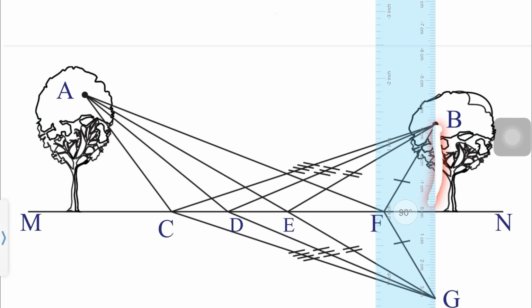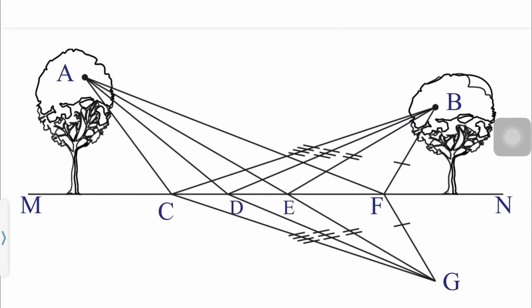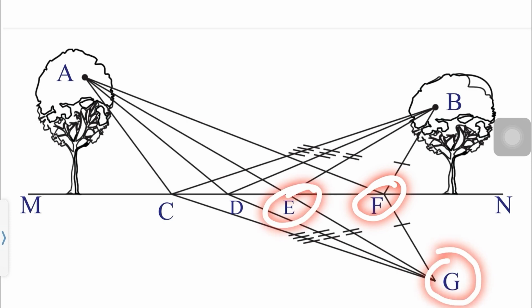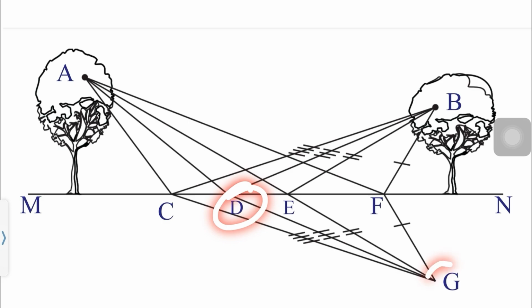It means that the distance from the MN line to B and from the MN line to G are the same.